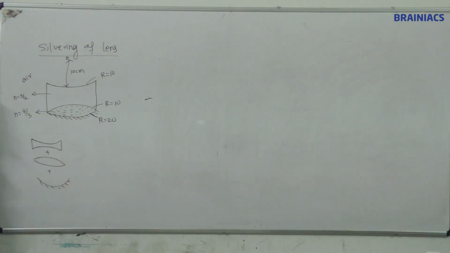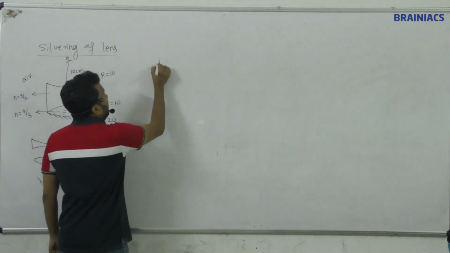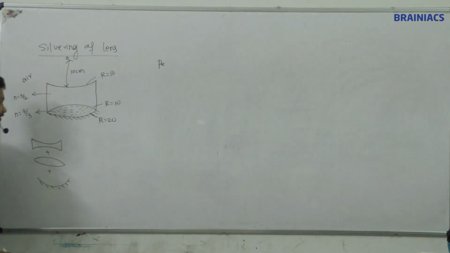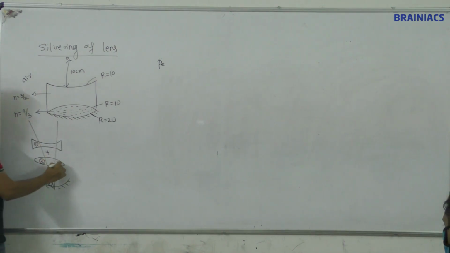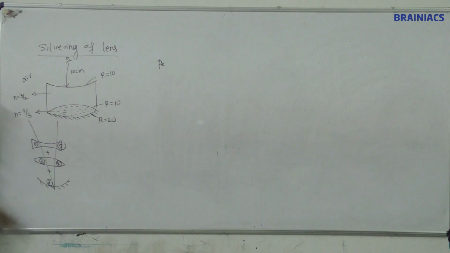Next, total power. So how to write? Power equivalent equals, now light will come here and go like this. This is the way light is coming. First stage is this lens, second is the convex lens, third is the concave mirror going back, fourth is the convex lens, fifth is the concave lens.